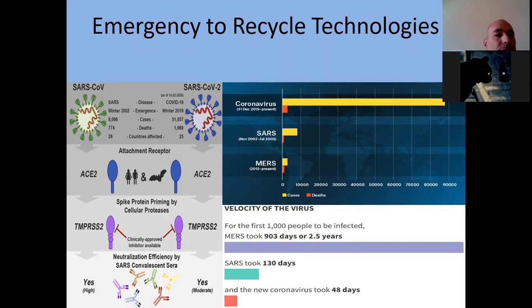For SARS-CoV, you had about 8,000 cases. For SARS-CoV-2, you have more than 50,000 cases. Of course, this information changes every day; it's much higher than that now. But you can also see that the number of deaths is much higher.